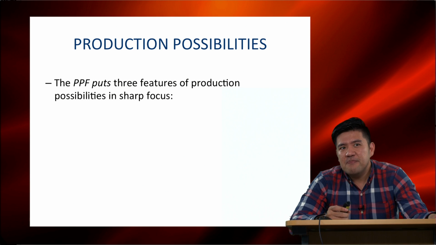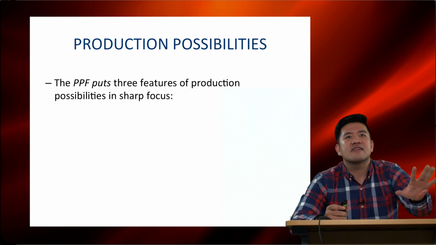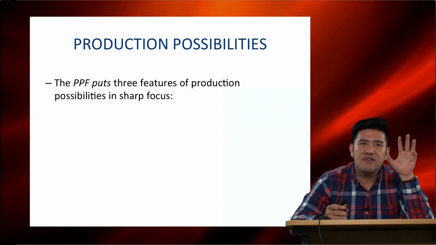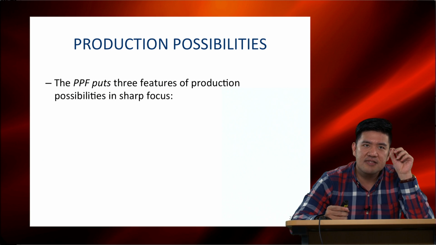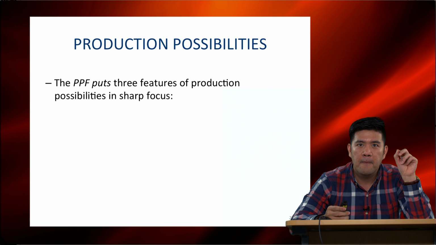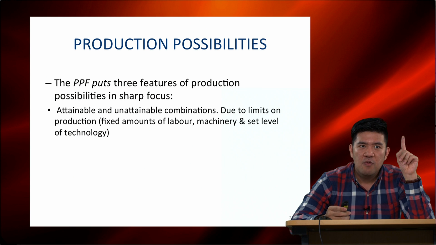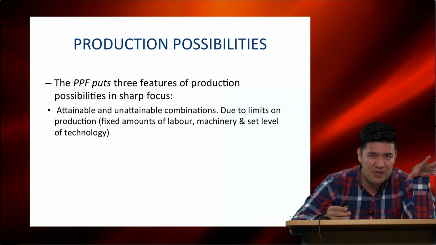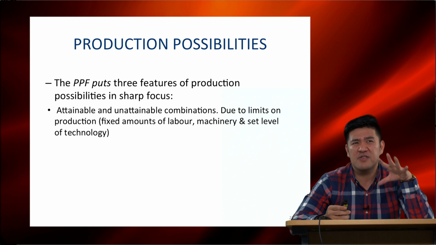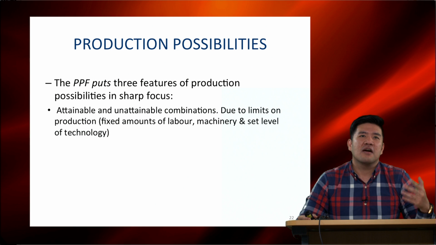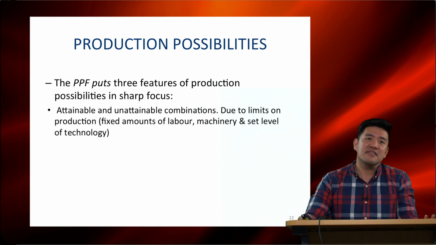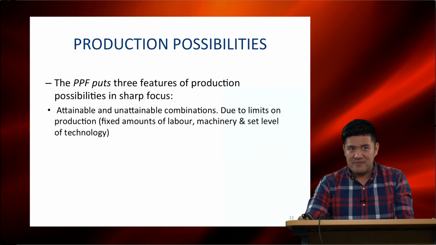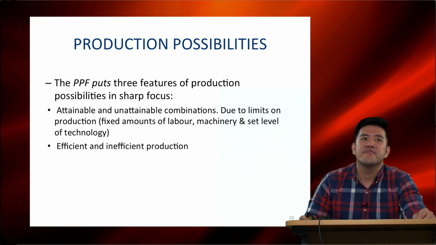Essentially, guys, the PPF tries to present to you 3 features of production possibilities in sharp focus. 1. What is attainable and what is unattainable, due to the limits of the production resources that we have and the current technology that we have at the moment. 2.